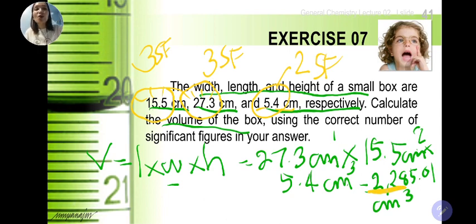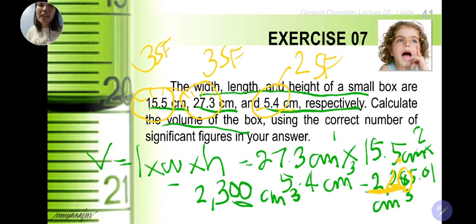2,285.01 will be rounded off to 2 significant figures. So, since the digit we are removing, 8, is greater than 5, we will add 1 to the last number. So our answer would be 2,300. We replace the others with 0. 2,300 centimeter cube. These trailing zeros are no longer counted as significant figures.